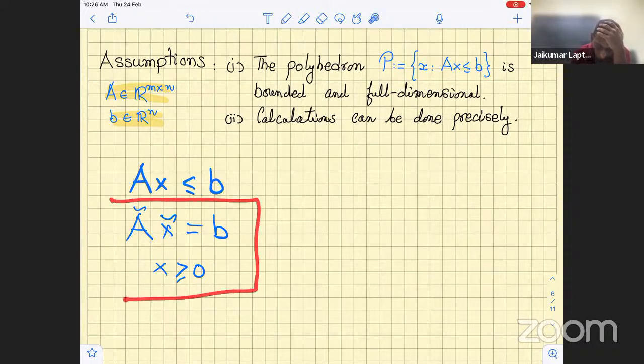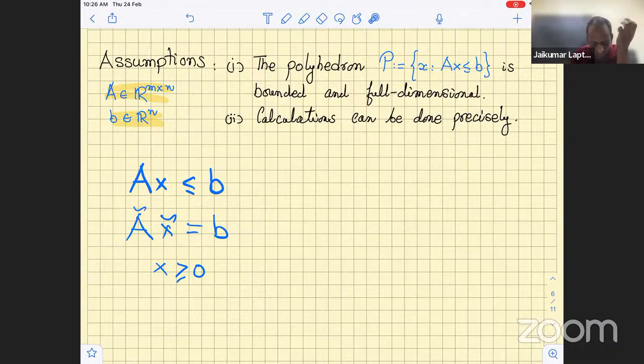Now we have studied that in this equational form, if there is a solution, there is a basic feasible solution. You remember how we did that. If the columns corresponding to the support of a feasible solution, wherever it has non-zero values, are not linearly independent, then you can shift this point along a line which is in the kernel of this matrix and knock off one more entry.